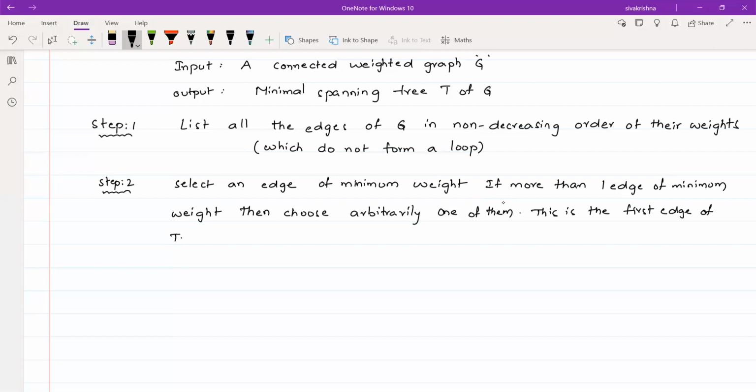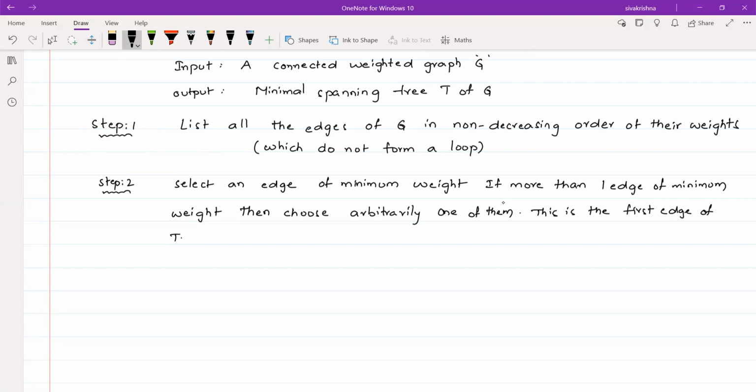We write the name of the edge and the weight of that particular edge, then similarly the next edge and its weight, in increasing order. That is what we do in the first step. Coming to the second step, after representing all the weights of the edges, we select an edge with minimum weight.